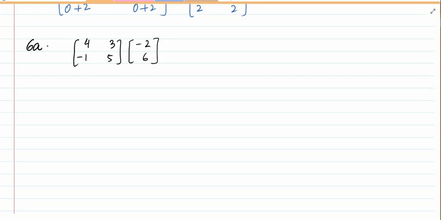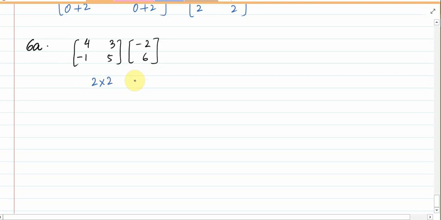First step, you need to check the condition. In the first matrix there are 2 rows and 2 columns, and in the second matrix 2 rows and 1 column. Condition satisfies, right? So now you need to add arrows. 4 is on the tail side, right? Tail multiplies with tail. If we are moving towards 3, we need to add plus. We are now at 3.